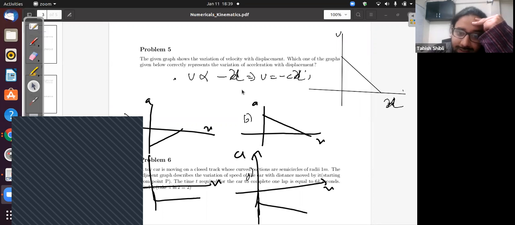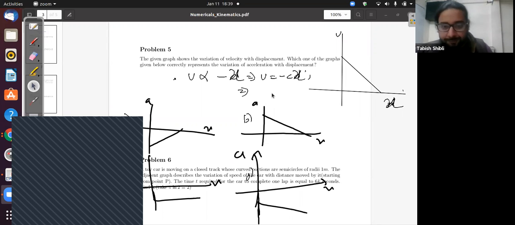So what is your acceleration? You need to differentiate on both sides to get acceleration. dv by dt is equal to minus c dx by dt.